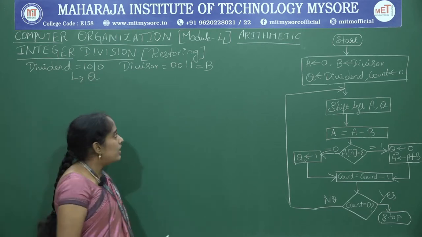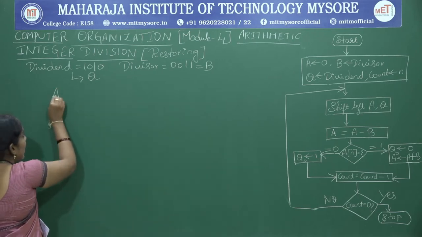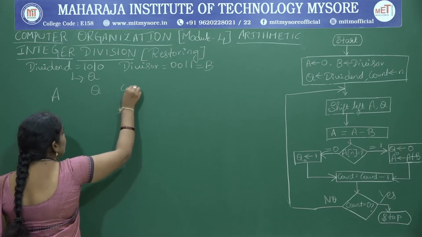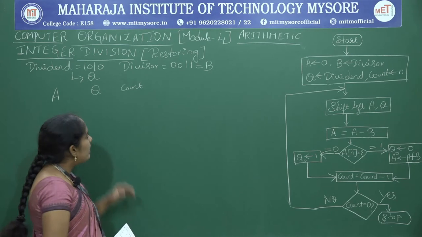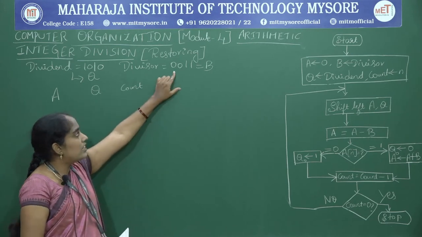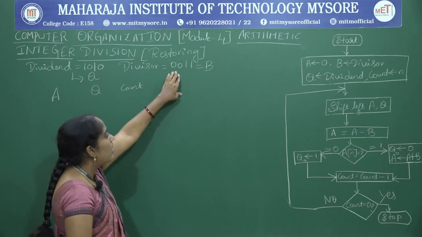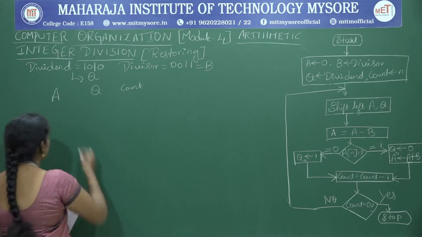Here we have A, Q and count value. A depends on the divisor value. The divisor contains 4 bits, that's why I will initialize A with 5 zeros.